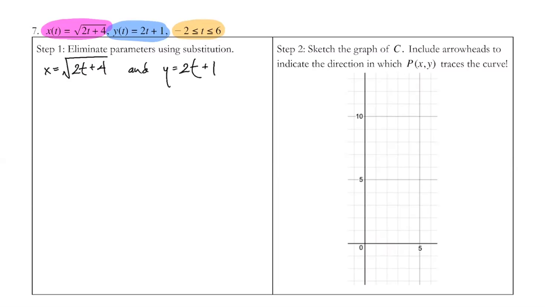How can we combine these equations and get rid of the t's? Okay, so one idea is solve for 2t, okay?